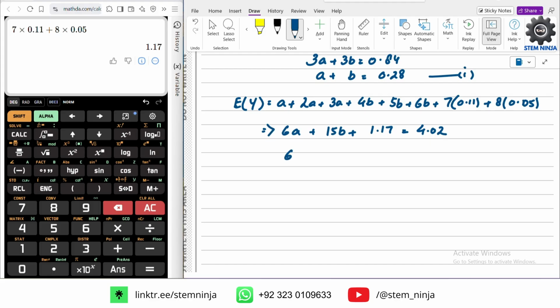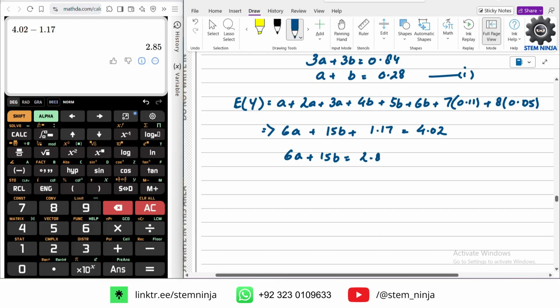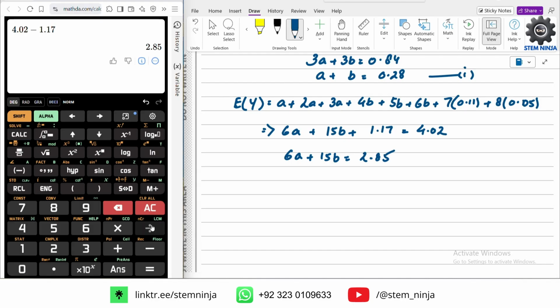Right, okay, now we simplify this further. This becomes 4.02 minus 1.17, 2.85. Is 2.85 divisible by 3? 0.95, okay.